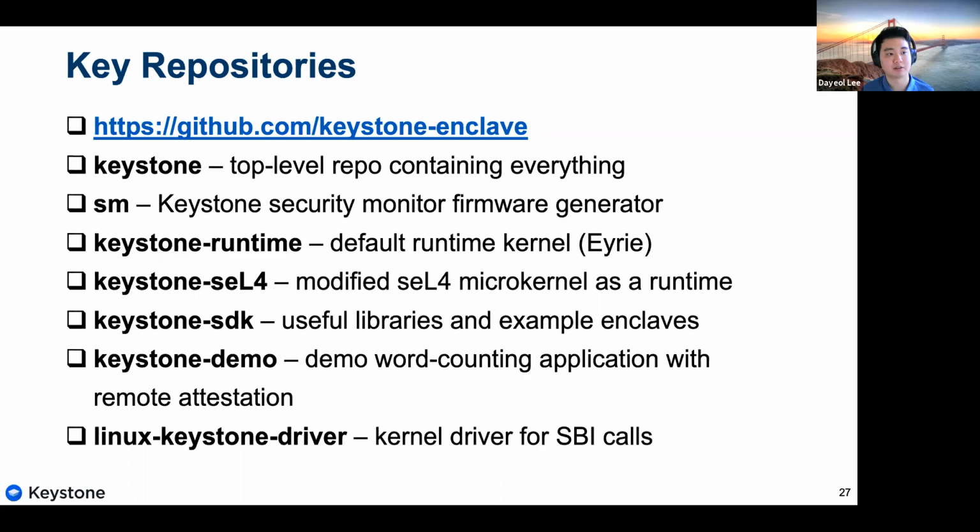And there's a very tiny SDK, which contains useful libraries and example enclaves. And Keystone Demo, a simple word counting demo application with remote attestation enabled. And finally, the Linux kernel driver that proxies the user's request to the security monitor.